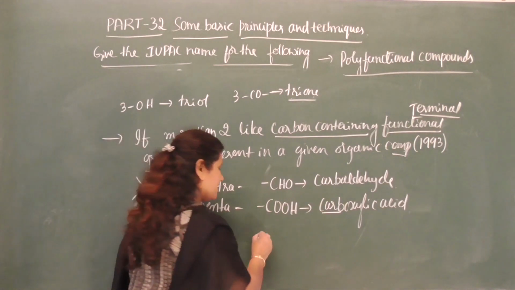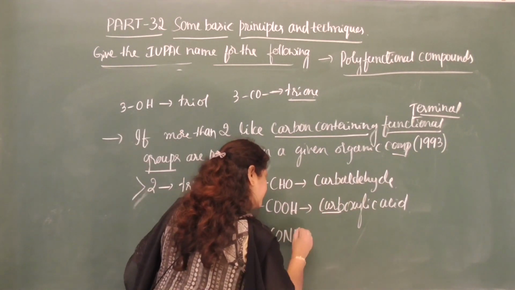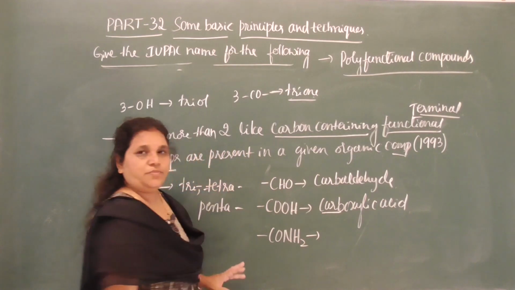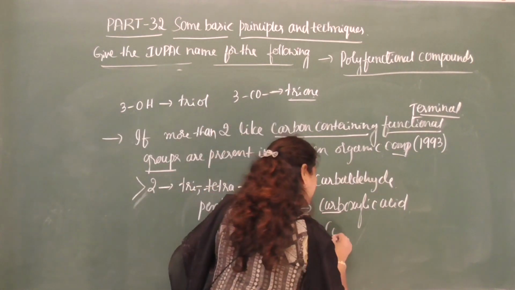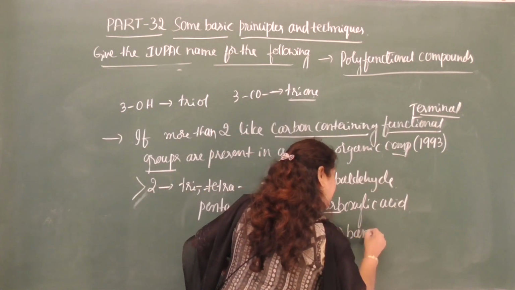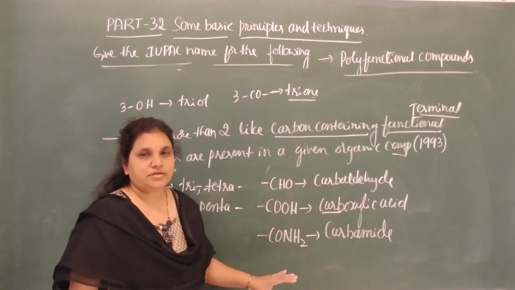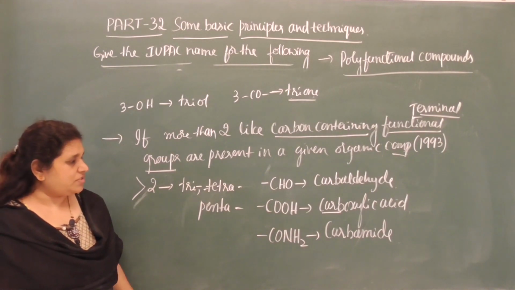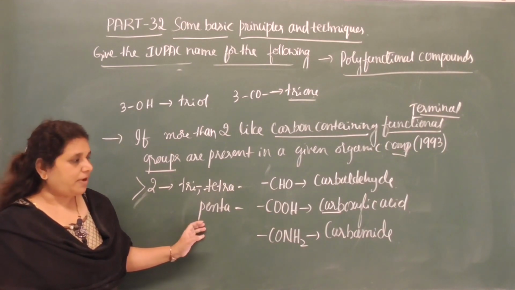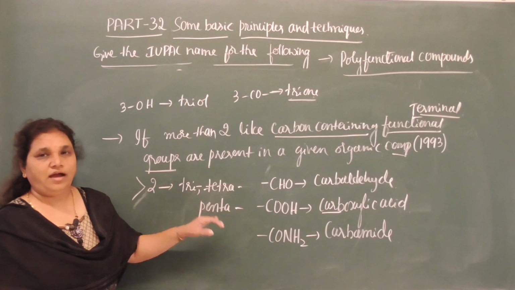If it is CONH2, carbamide is the IUPAC suffix. So as the secondary suffix we use 3 tricarbamide, 4 tetracarbamide.